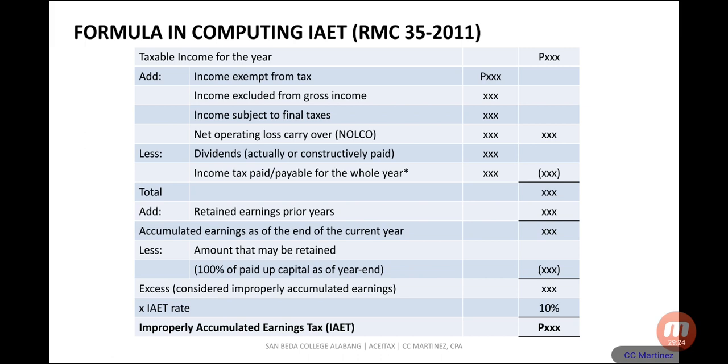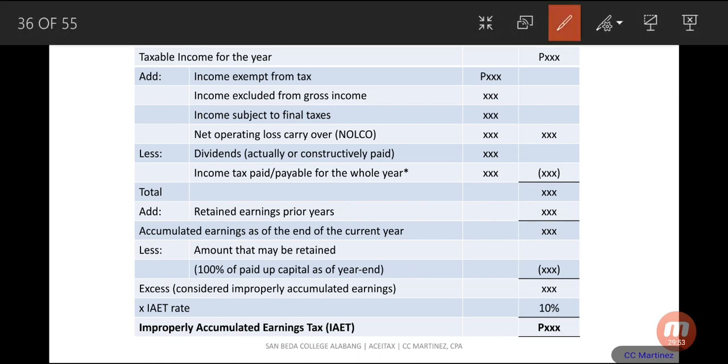So, we have the total. I-add mo lang lahat ng retained earnings mo prior years. Magkakaroon ka na ng accumulated earnings as of the end of the current year. So, sinasabi natin dyan na any excess ng 100% paid up capital mo for the year is subject na siya or exposed na siya for the improperly accumulated earnings tax.